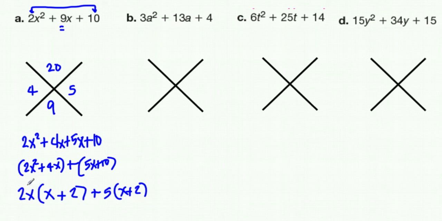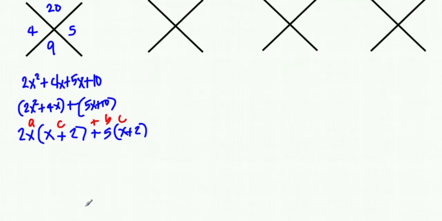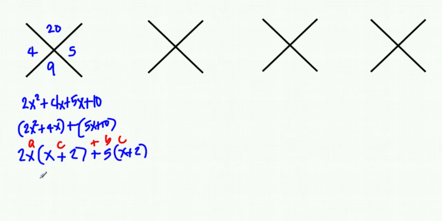And using the distributive property, remember we talked about this in the last lesson. This is AC plus BC, and we want to make it into A plus B times C. Substituting the values now, okay, you have your A, which is 2x, you have my B, which is 5, and my C, which is x plus 2.